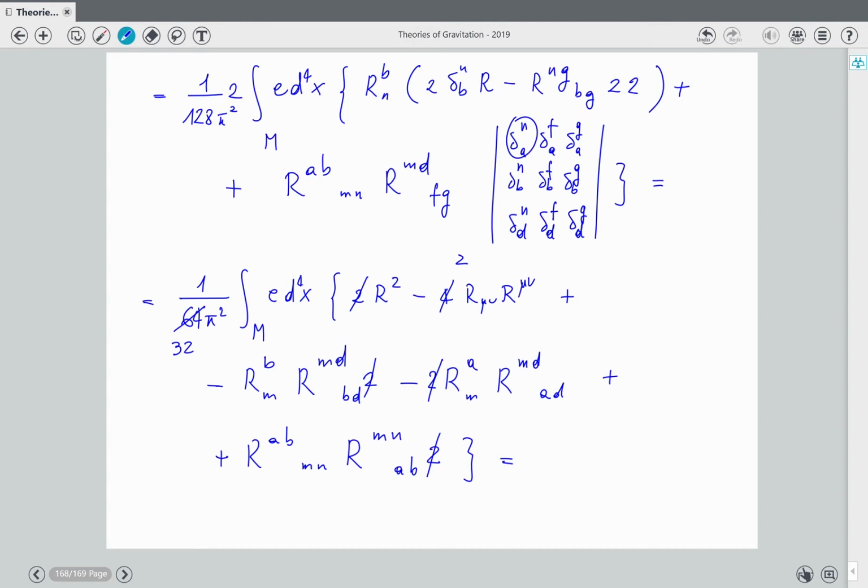Here you have a contraction between the second and the fourth, so this is Ricci squared with minus Ricci squared. Here also minus Ricci squared, so you have another minus 2 Ricci squared.